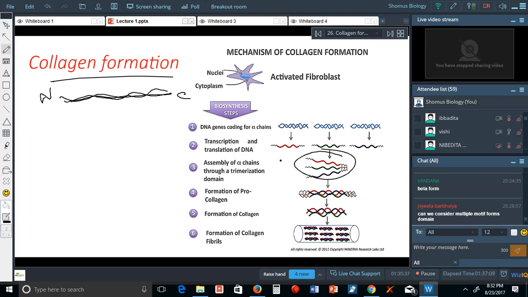So once the nucleation is done with at least 3 such chains interacting with themselves, we call it the assembly of the chains. And then once multiple chains interact with each other, interwound with each other, we call it formation of procollagen, which is the preliminary form of the collagen. And then this procollagen is converted to collagen with a simple chemical modification.